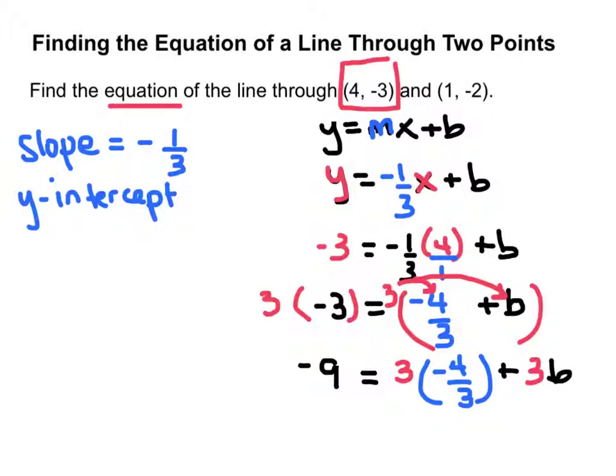So let's simplify that. -9 equals, keep in mind that when I multiply 3 times negative 4/3, I'm able to cross cancel, and I should get a negative 4. And I'll have plus 3b as well.